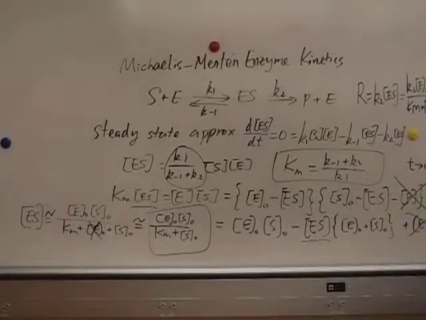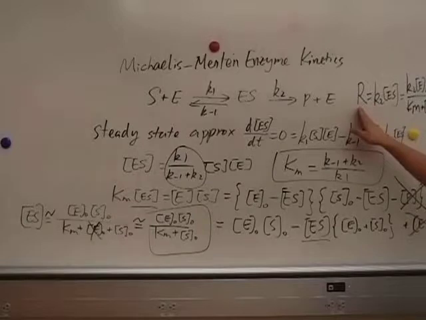We can plug in S sub 0. If we assume the initial concentration of S0 is 0, then the reaction rate R is 0 if there's no substrate. But what if the initial concentration of substrate is infinity? Does that give us an infinite reaction rate?